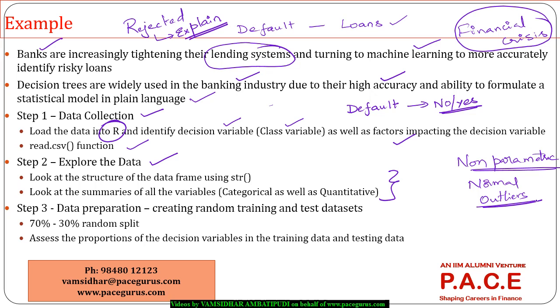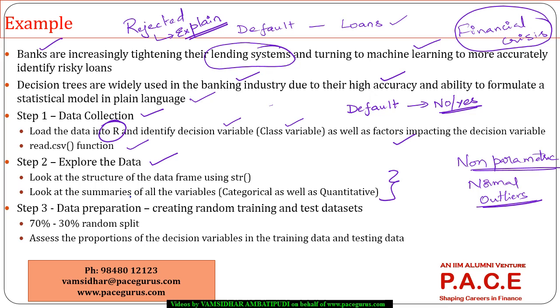Just like a nearest neighbors kind of model, even this model does not really require the outliers to be understood. I don't need to consider those outliers and adjust the data for outliers and all that stuff. So that's the reason those steps are skipped here.